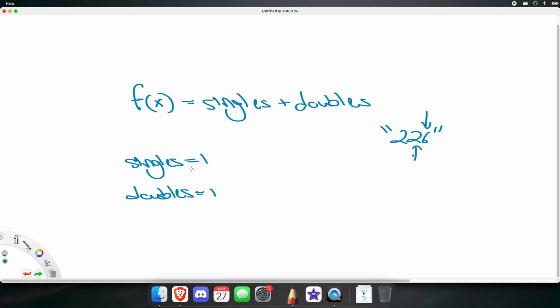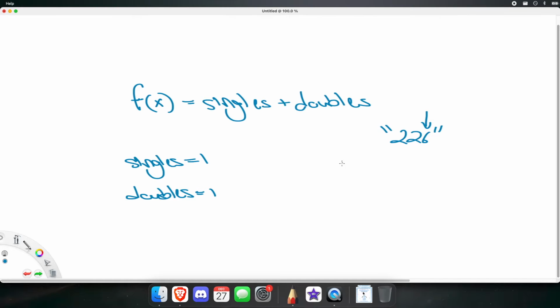But if we're only keeping track of singles, once we do see a 0, the number of singles does need to be reset. In this case, the 2 is not a 0, so we're okay. We don't have to do anything to our singles count.